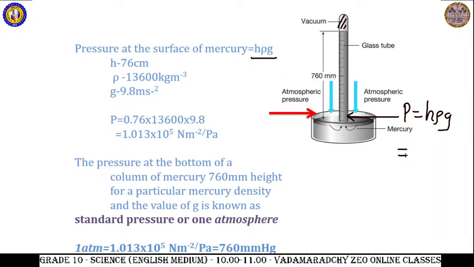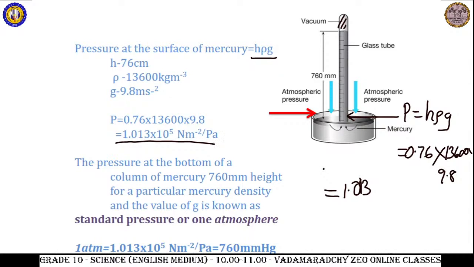That is 760 millimeter, so it is 0.76 meter, and the density of mercury is given as 13,600, into gravitational acceleration 9.8. So the answer will become 1.013 × 10^5 newton meter^-2.